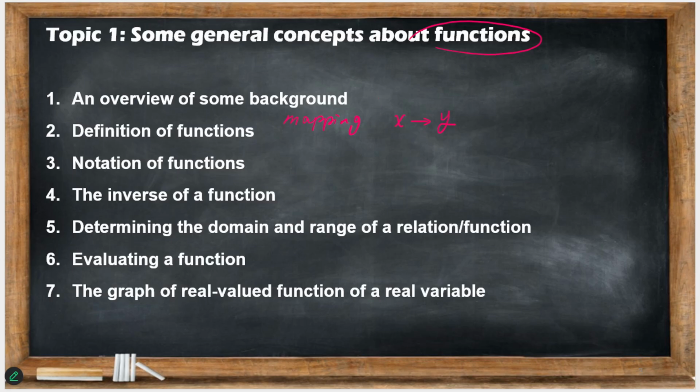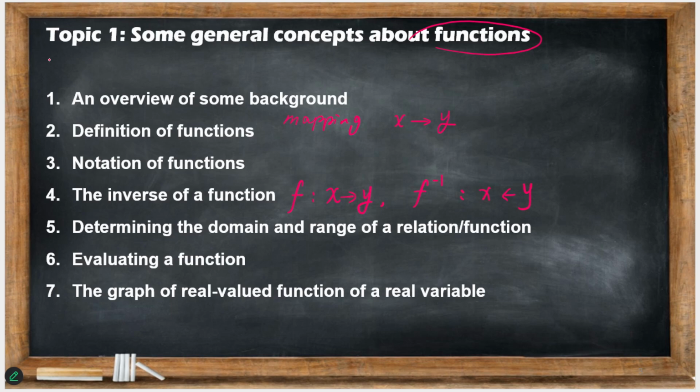And notation, we have also talked about different notations of functions. You could use either a mapping diagram, a formula, a mapping notation, and a table, or even natural language, right? Inverse of function. So if you have a function f which maps x to y, the inverse of a function is denoted as f inverse, which maps y back into x.